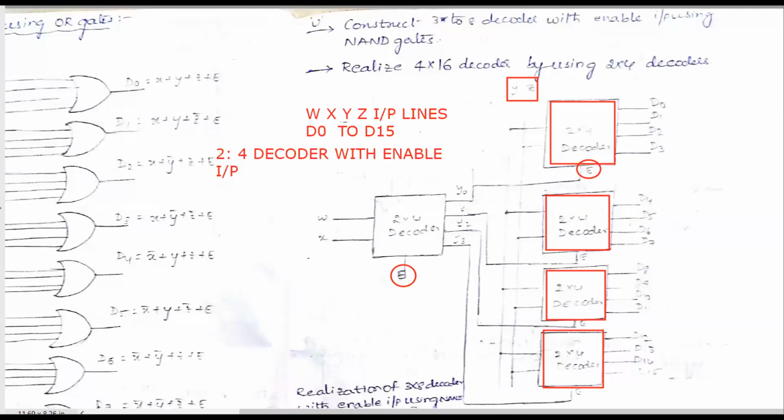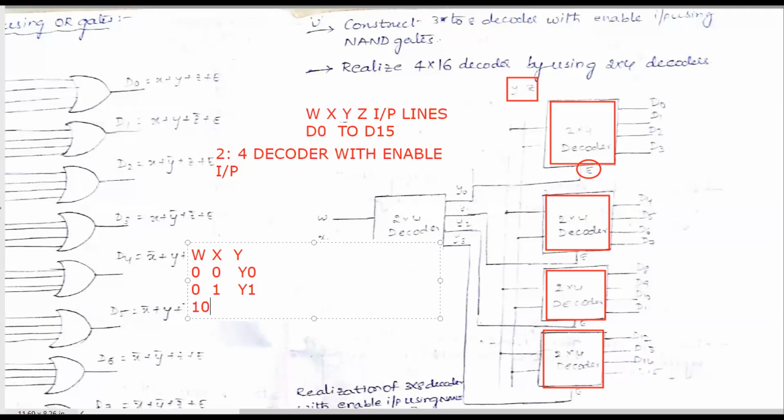I will write the functional table here. You can verify. I am taking the WX combination, and for the decoder output lines Y, which line is selected? If it is 0 0, the Y0 line is selected. If it is 0 1, the Y1 line of the first decoder is selected.